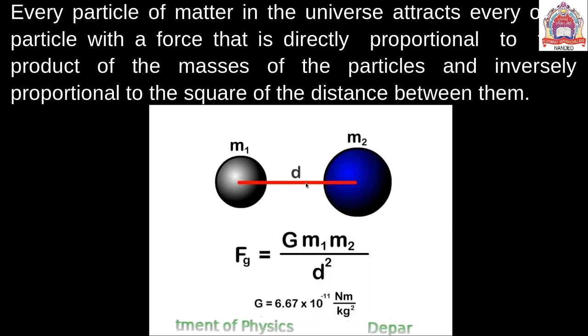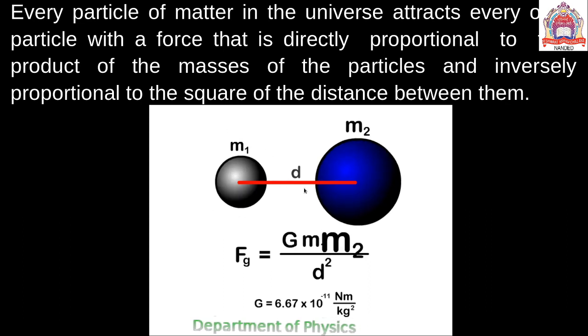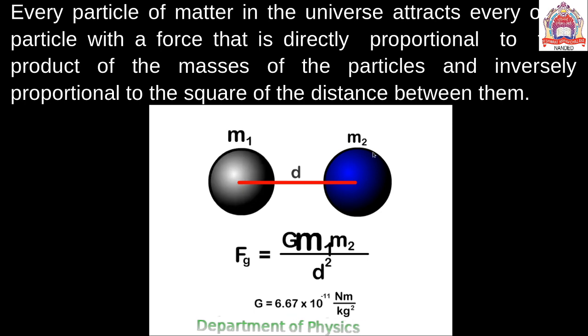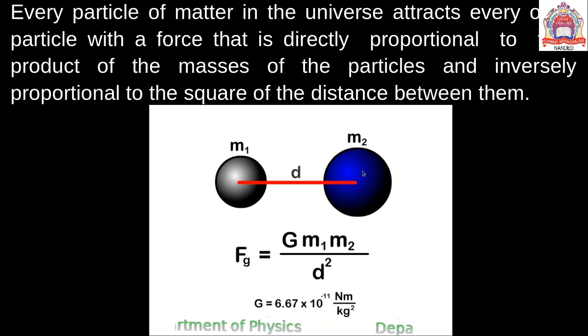This force of attraction is equal to the gravitational constant times the product of the two masses m1 and m2 over d square, where d is the distance. So we can say that this force is directly proportional to the product of their masses and inversely proportional to the square of the distance between them.